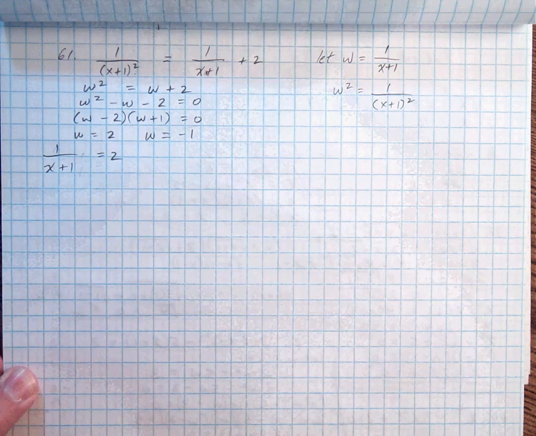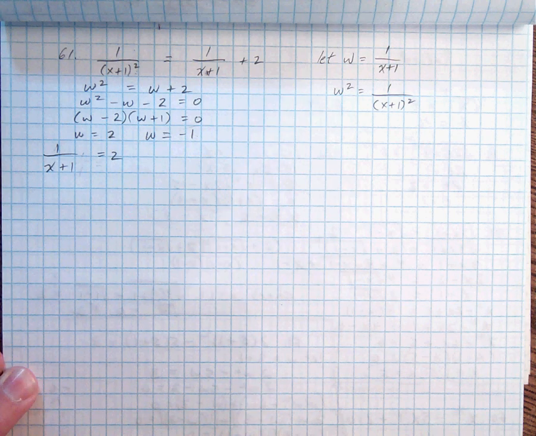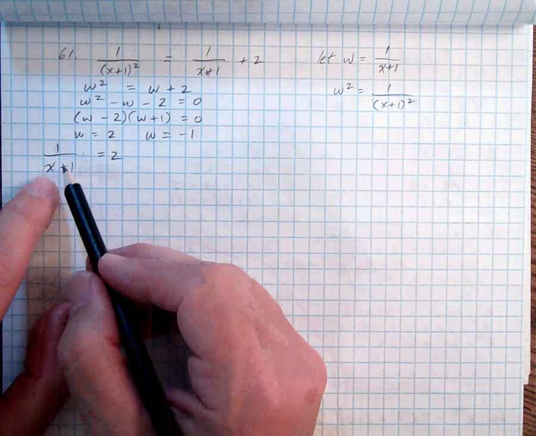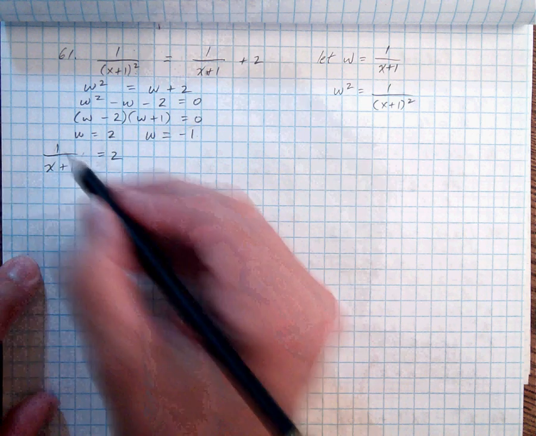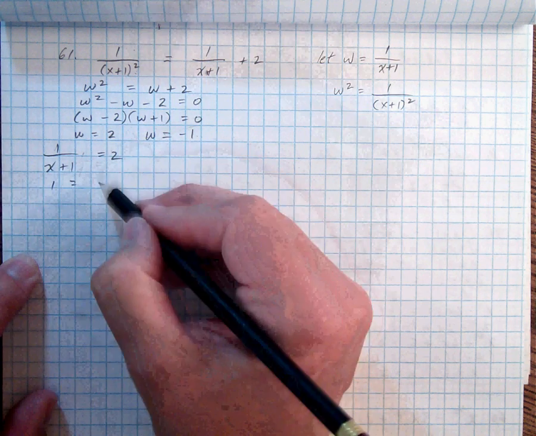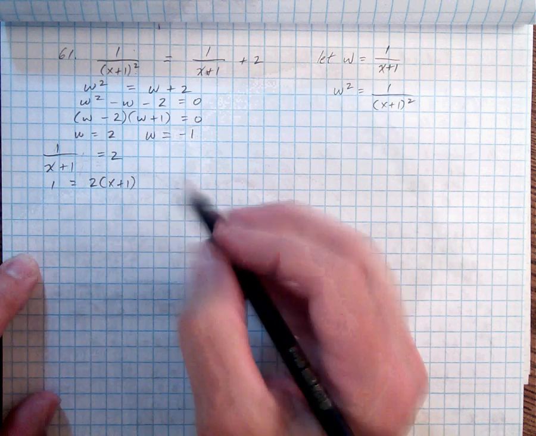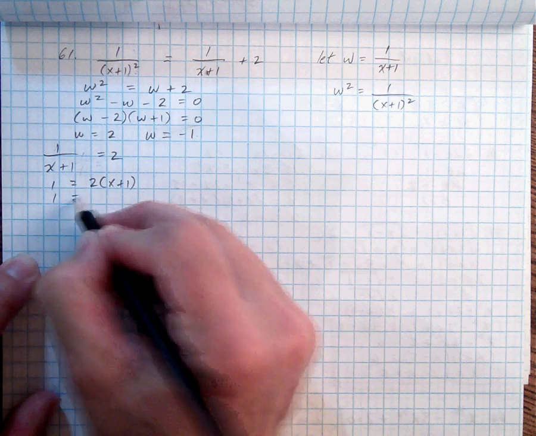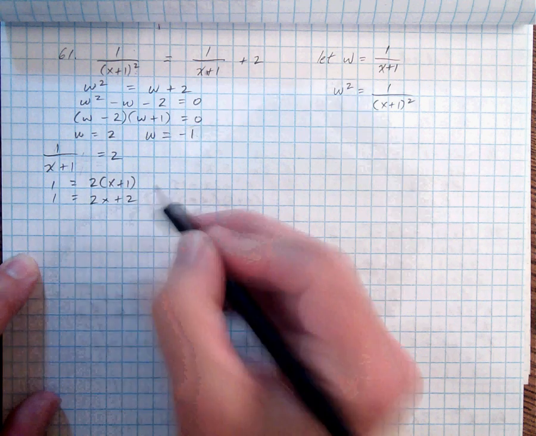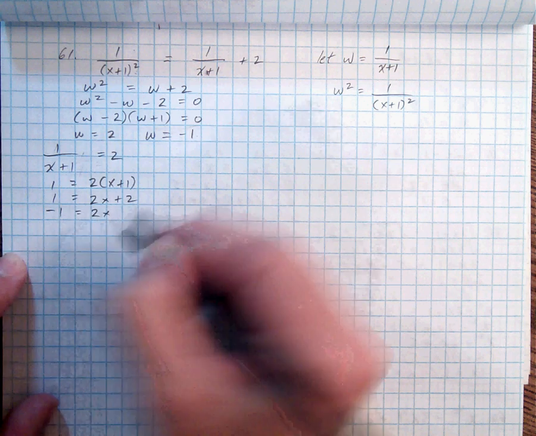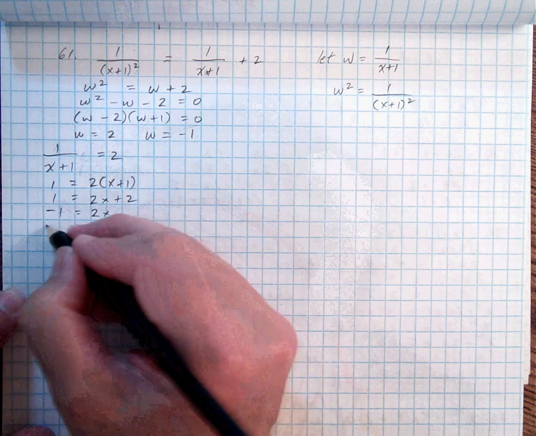Now I have to solve this by multiplying both sides by x plus 1. I get 1 equals 2 times (x plus 1), and then I'll distribute that, so 1 equals 2x plus 2. Subtract the 2, I get negative 1 equals 2x, and then I get negative 1/2 is x.